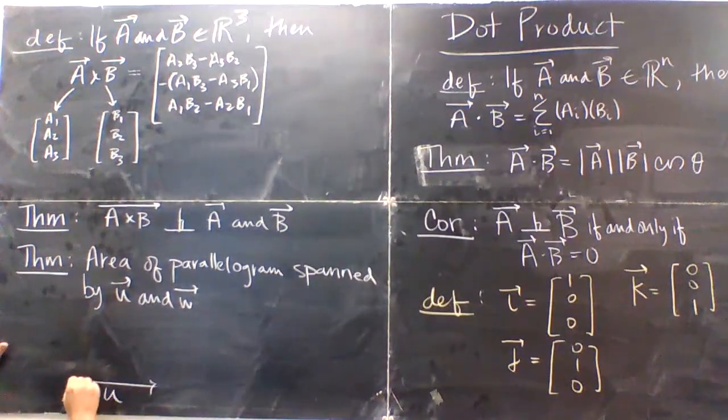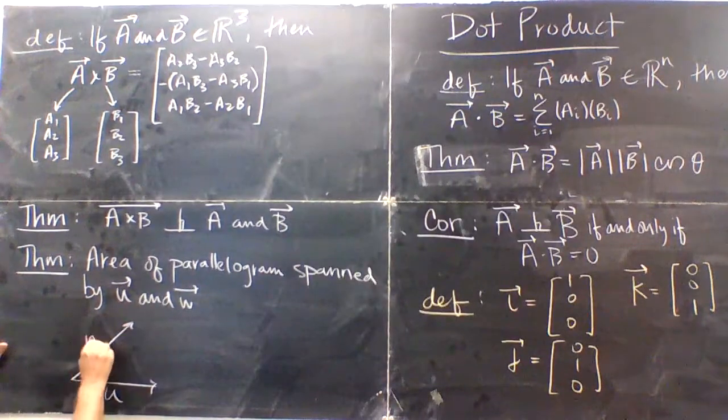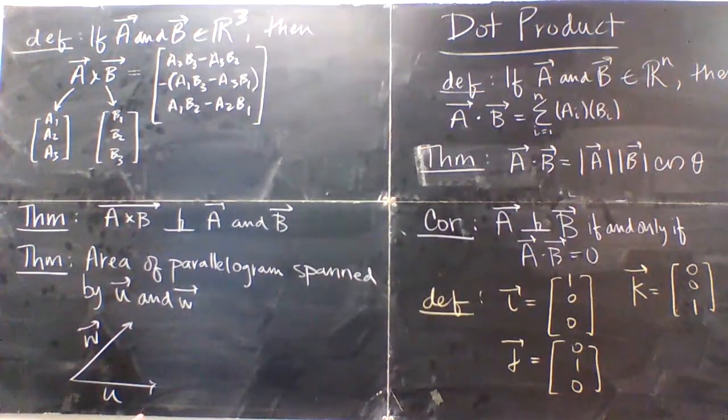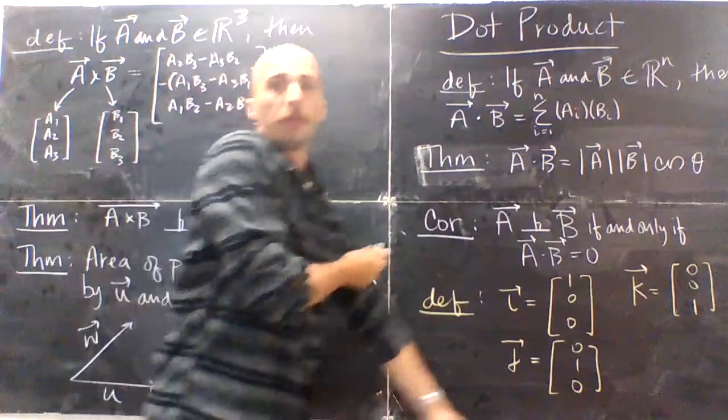Maybe this is u and maybe that's w. Okay, and I'm not saying that these are two-dimensional vectors or three-dimensional vectors, they're just some vectors.